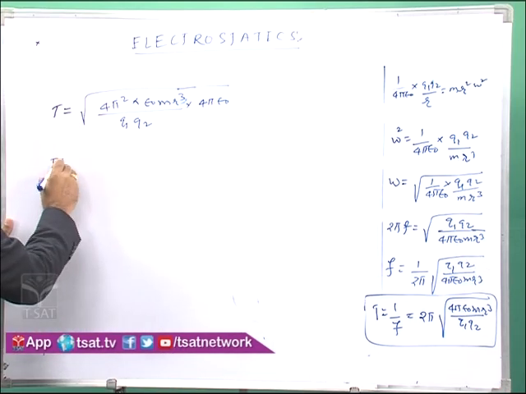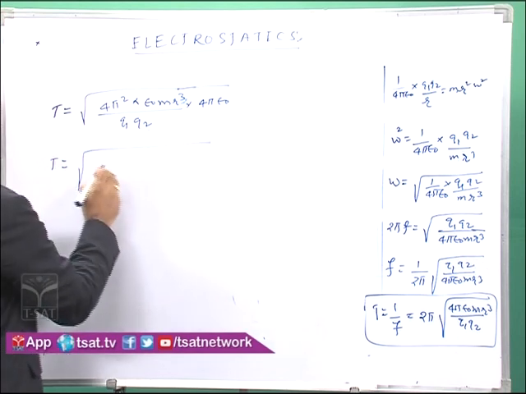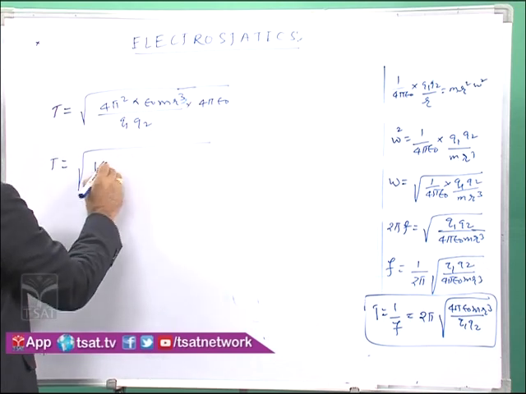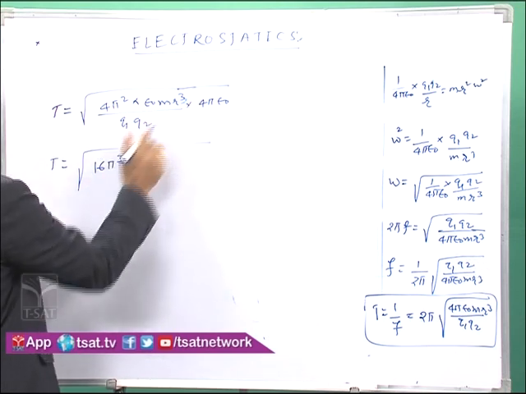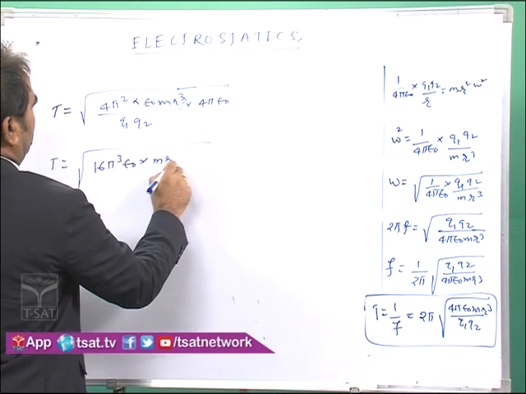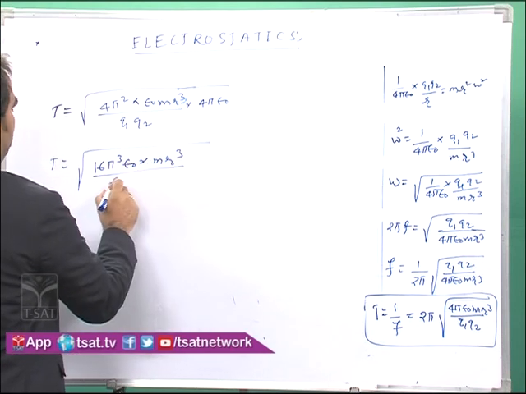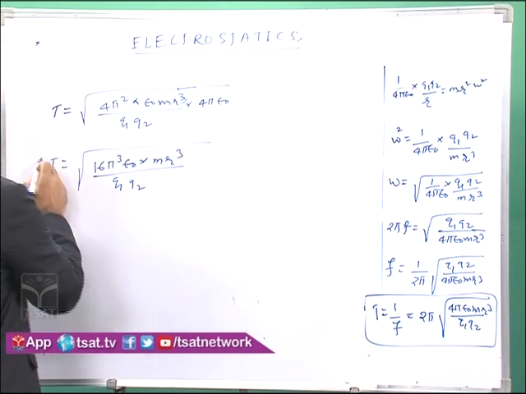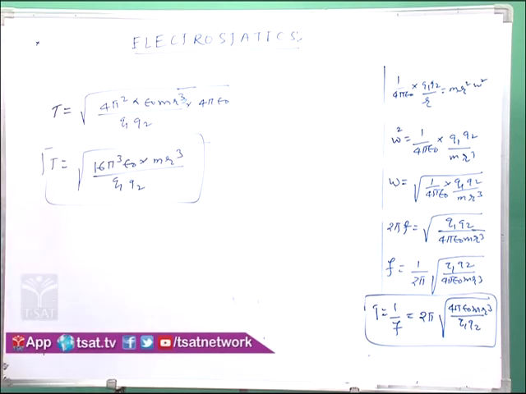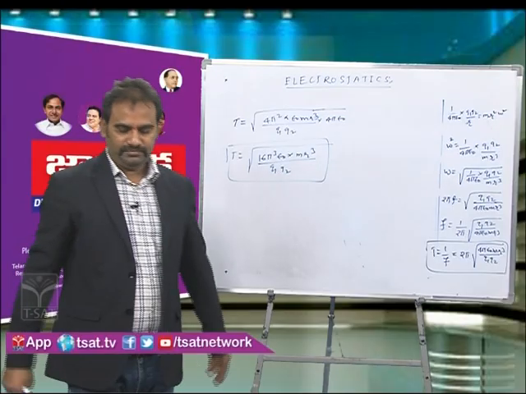Therefore, T is equal to root over 16 pi cube into epsilon naught into m r cube upon q1 into q2, which gives the time period of the rotation of the particle of charge q1.